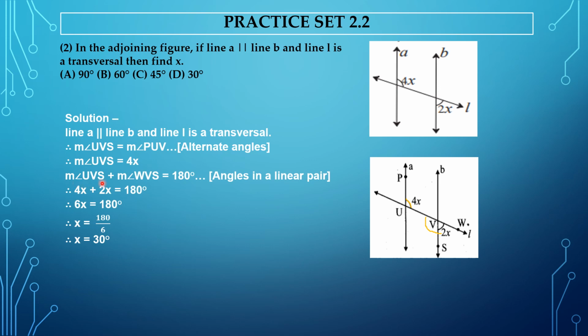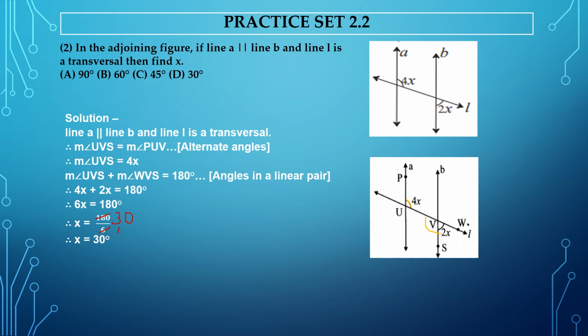Angle UVS is 4x plus angle WVS is 2x, equal to 180 degrees. Now on the left hand side 4x plus 2x is 6x, equal to 180 degrees. So you divide both sides by 6. Six threes are 18, and the zero stays as it is, so it becomes 30 degrees. So you get x equal to 30 degrees. Your D option is the right answer here.